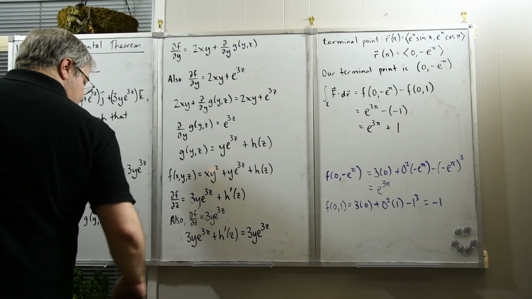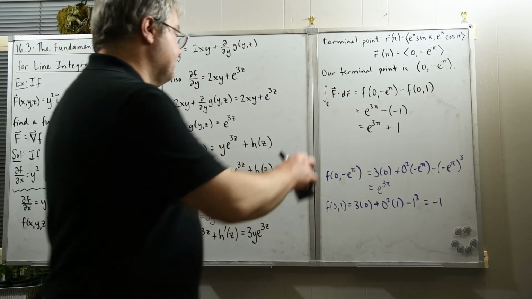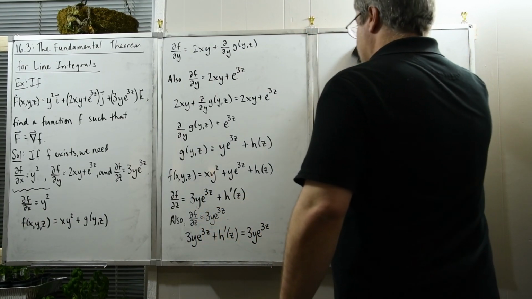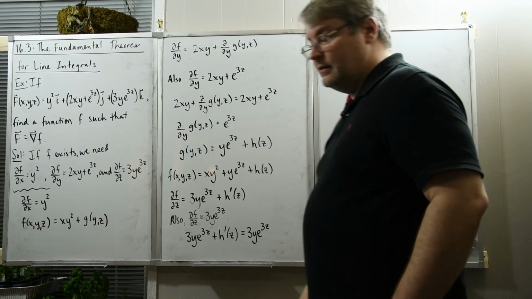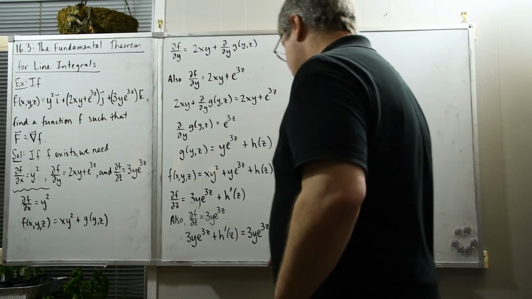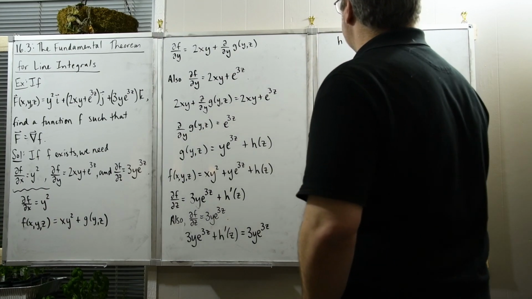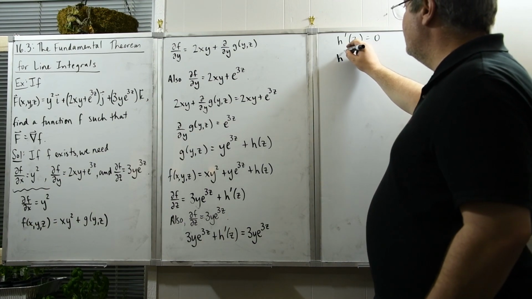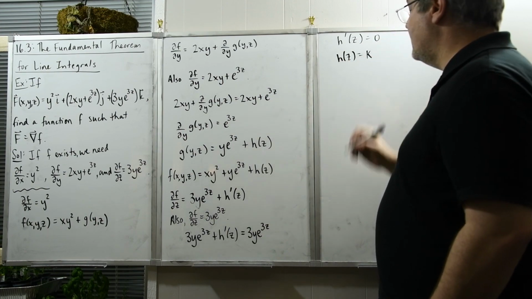And so 3y e to the 3z plus h prime of z is equal to 3y e to the 3z. Now what you may notice from this is that the 3y e to the 3z terms are going to cancel out, and what you'll have is h prime of z is equal to 0. Now if h prime of z is equal to 0, that means h is equal to some constant k.